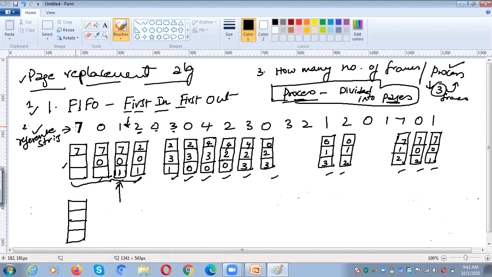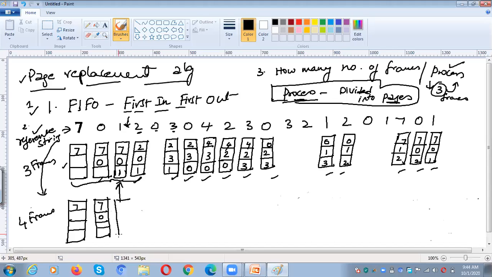So initially 7. It is the same reference string here also. Here the number of process frames was 3. If it is 4 frames, okay, 1 more frame now, right? So 7, there is no 7, page fault. 0 is also not there, page fault, but there is no need to run the page replacement algorithm.